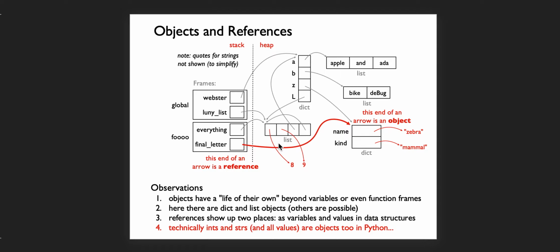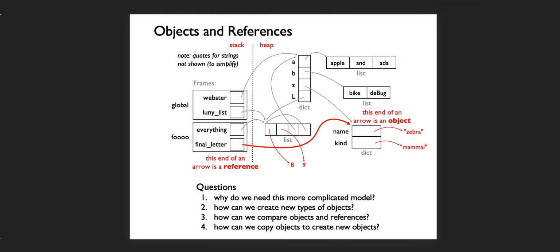So the correct way of representing this diagram would be to have arrows from the list positions pointing to the objects which are represented by integers or strings. As you can see, this can get quite messy quite easily. So we can avoid this complicated structure and use the values directly inside the list and the dictionary.